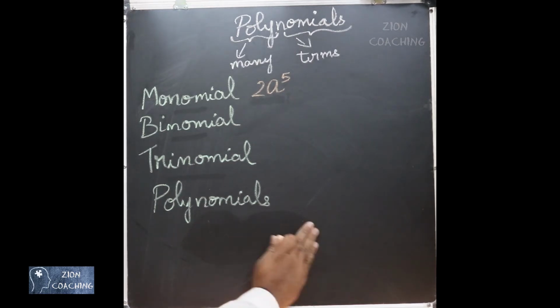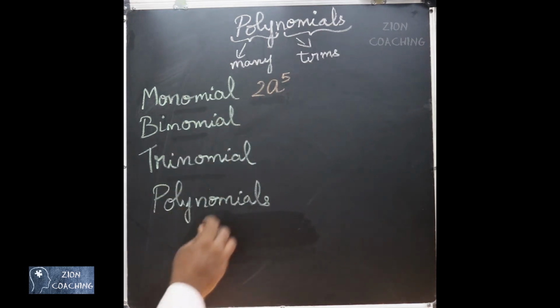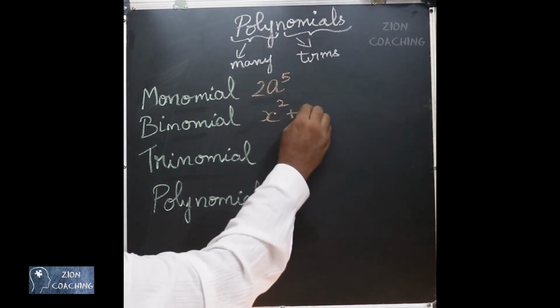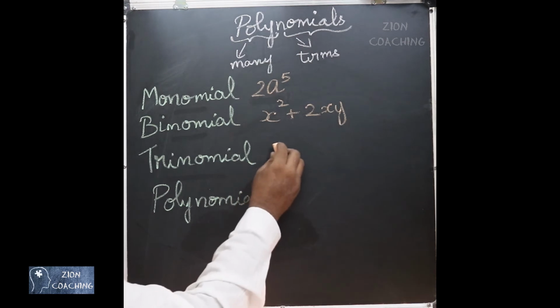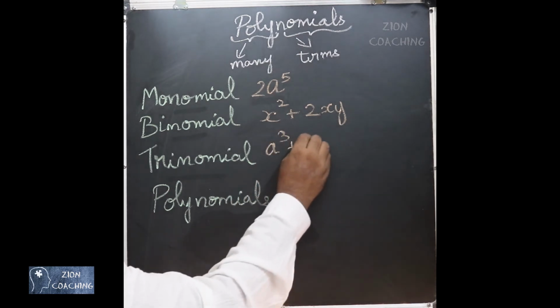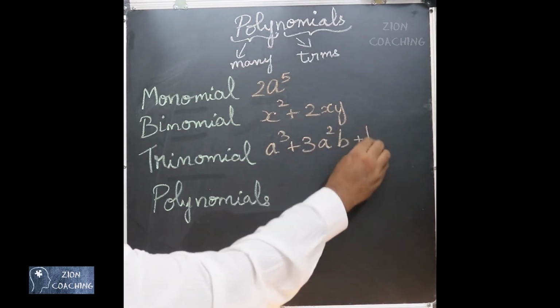Okay, now with that, this is a monomial. I will give you one example for a binomial: x squared plus 2xy. Then for a trinomial: a cube plus 3a squared b plus b cube.